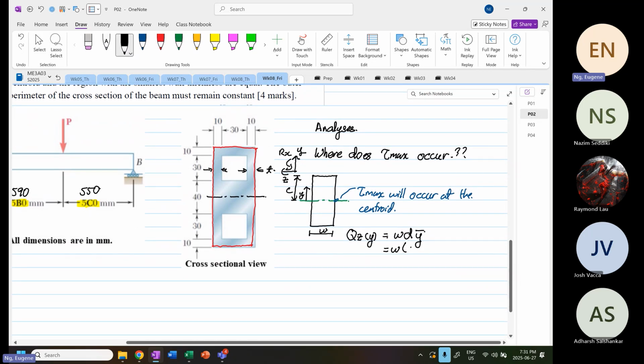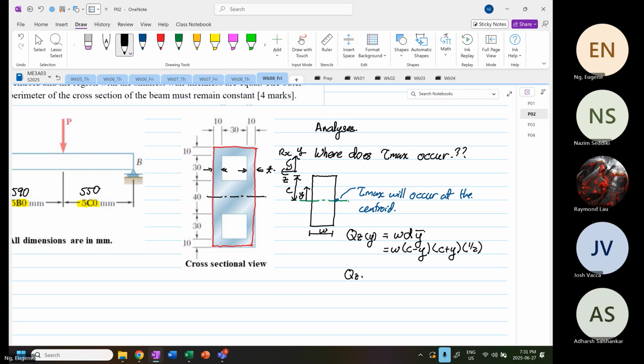And this, which we have derived, is because y, then you have c minus y, and then you have c plus y, multiplied by half. So for this case, Qz is at its maximum when y is equal to what? y is equal to 0 at the centroid.